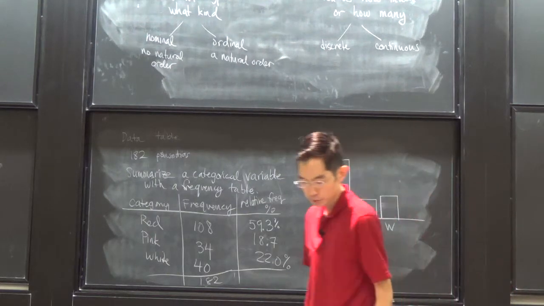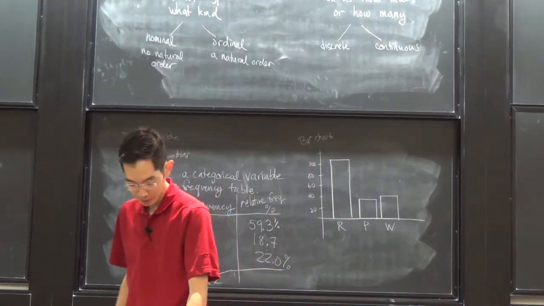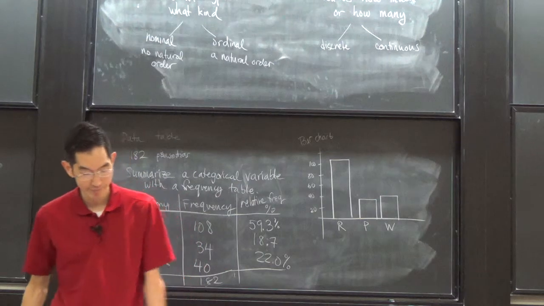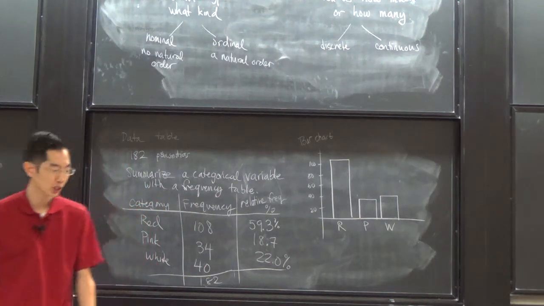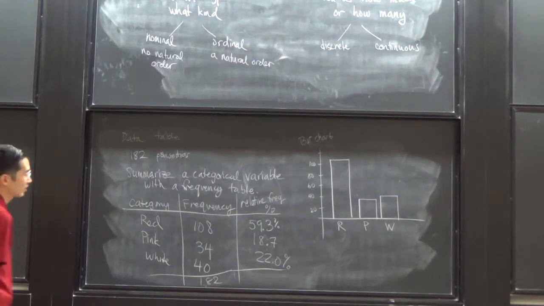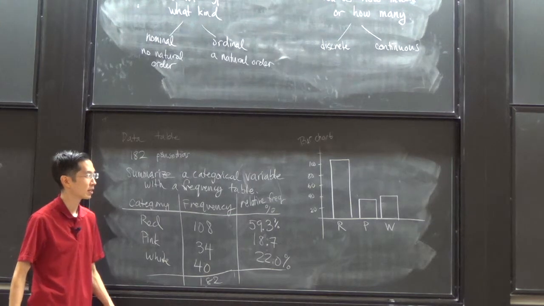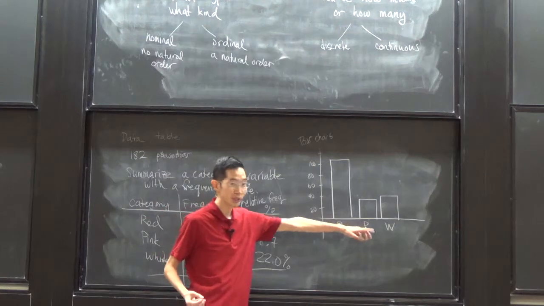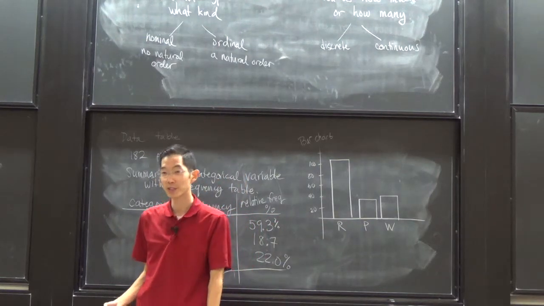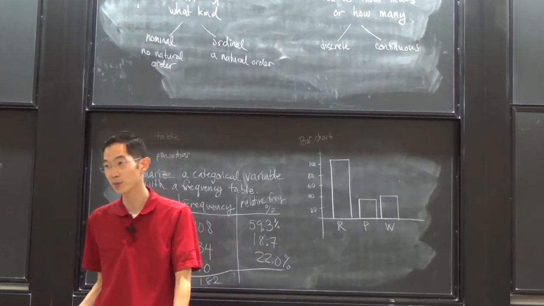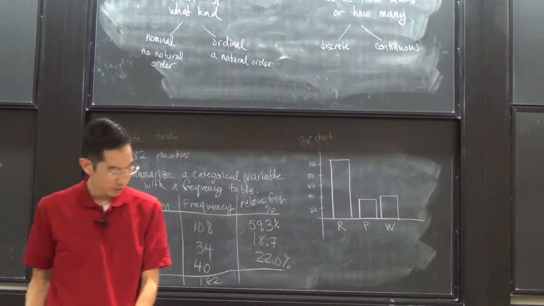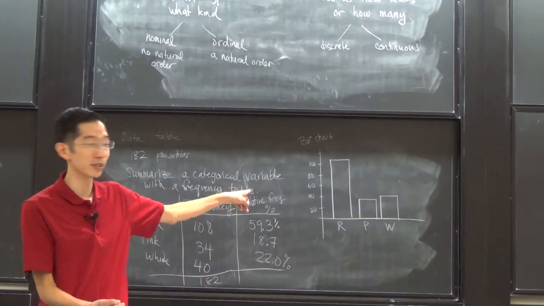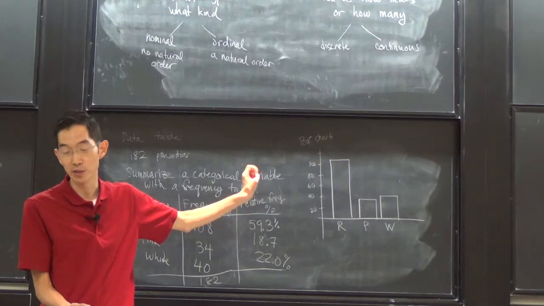I guess if you used PowerPoint or something like that, you might make a pie chart, which is less preferred, because with a pie chart, the pie pieces for pink and white would be very similar and difficult to tell apart with the naked eye. Whereas with a bar chart, it's very easy to see that there are more white flowers than pink ones.